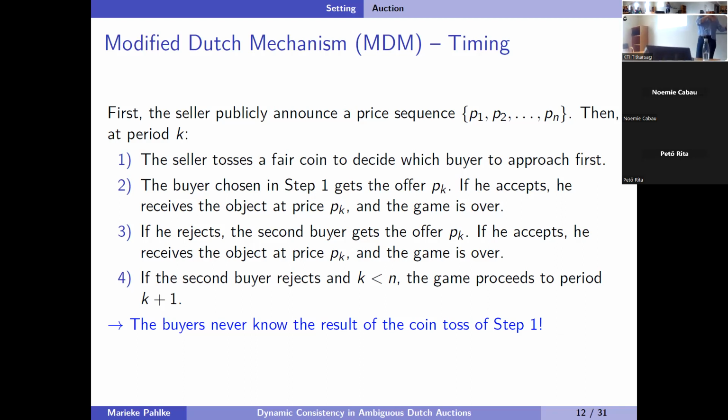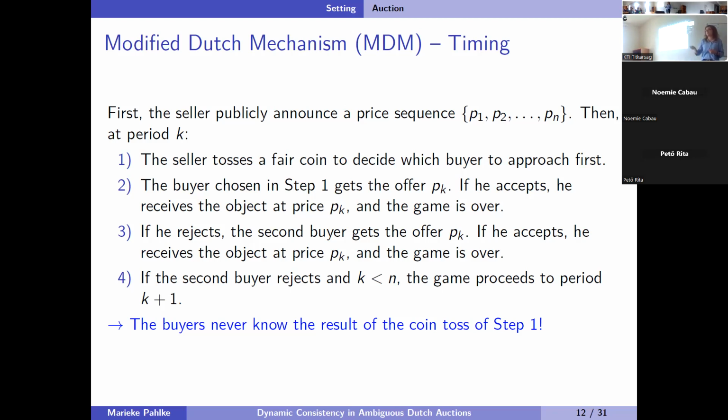This is important for the comparison to the literature, and I will talk about it when I come to that part. For the moment, just think about this as a tie-breaking rule, and we keep it in each stage to have symmetry and not think about a first and second mover. Okay, so that's the timing.